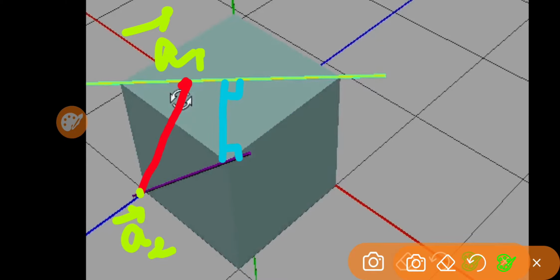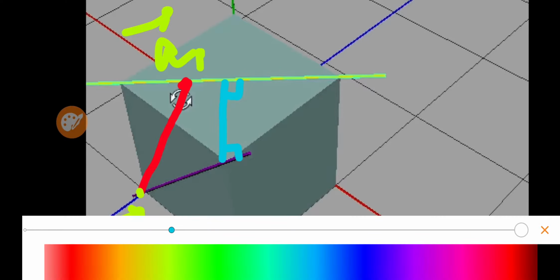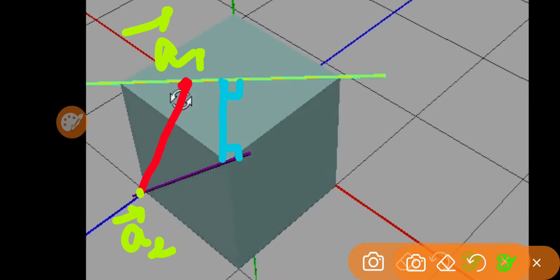There I have drawn a line which is perpendicular to both of them. Suppose this is your line 1 and this is your line 2. In line 1 I have the point a1, which I take here, and in line 2 I have the point a2, which I take here, and join them.